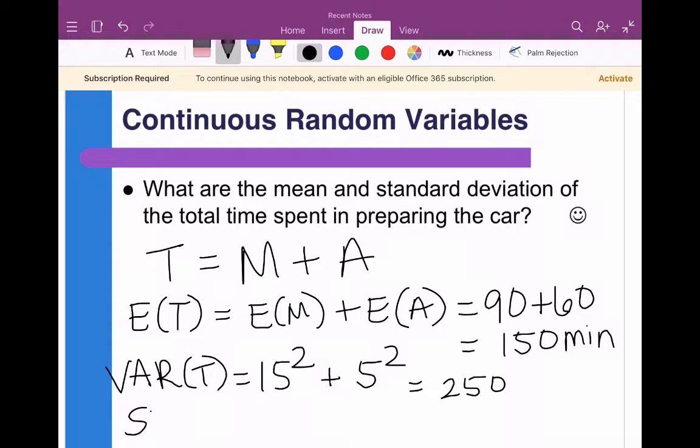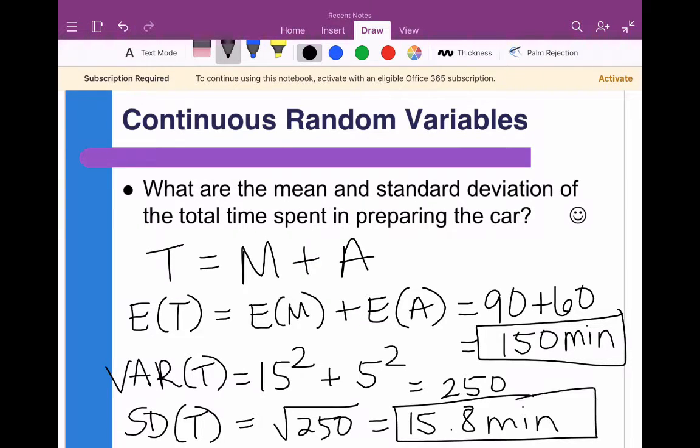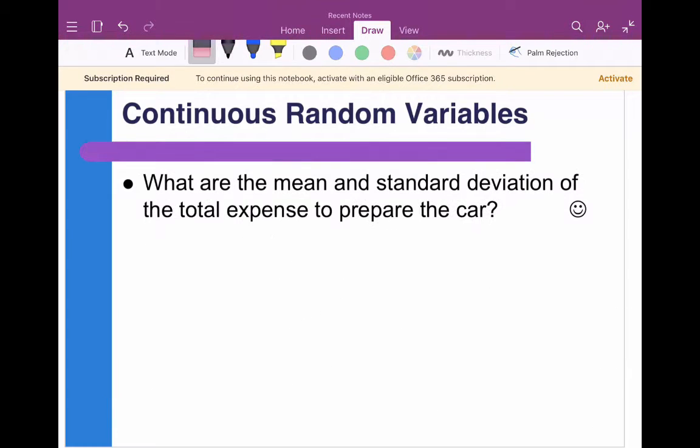Then to find the standard deviation of the total time, we take the square root of our variance, so the square root of 250. So that becomes 15.8 minutes. Therefore, the expected time will be 150 minutes to prepare the car, with a standard deviation of 15.8.